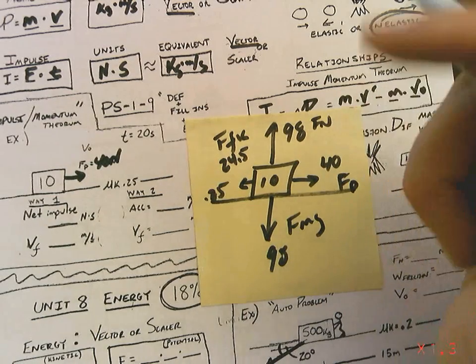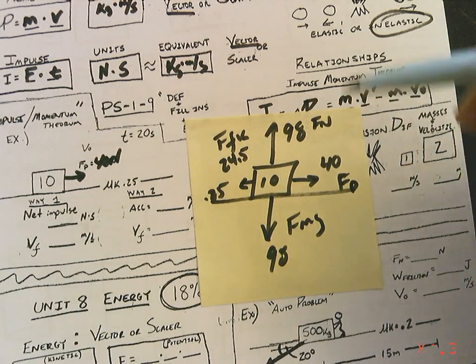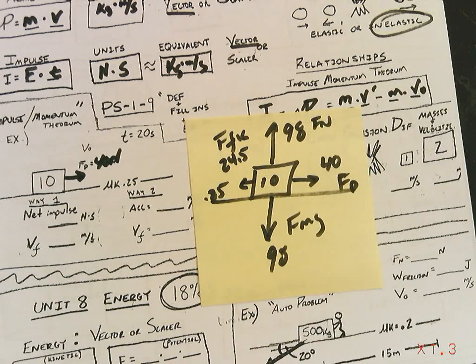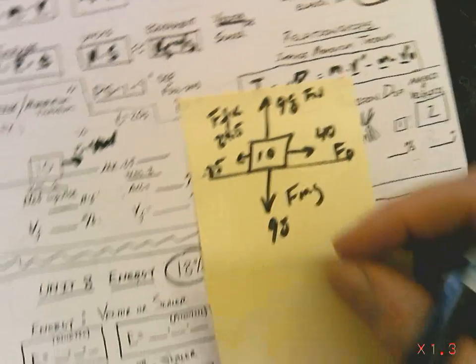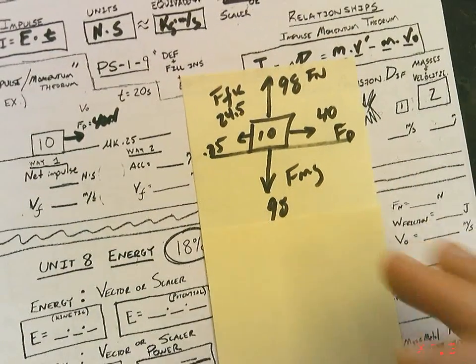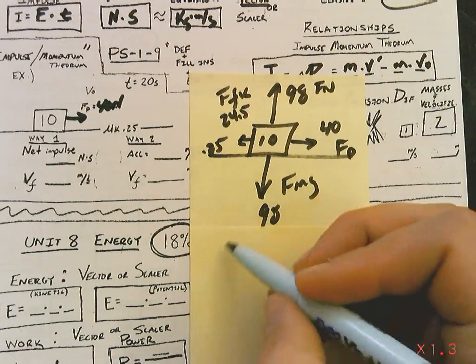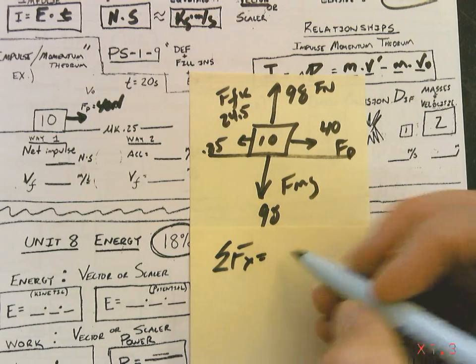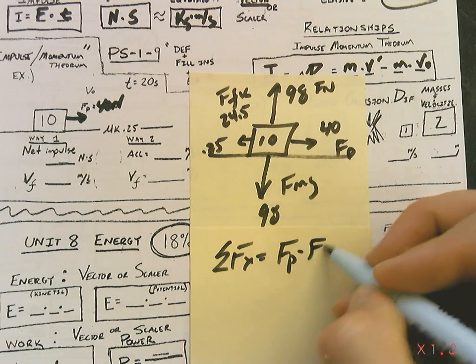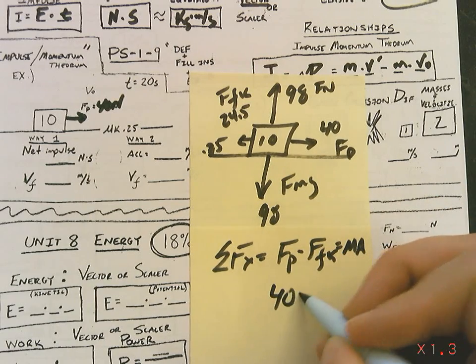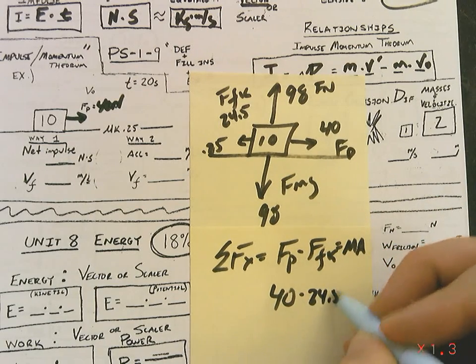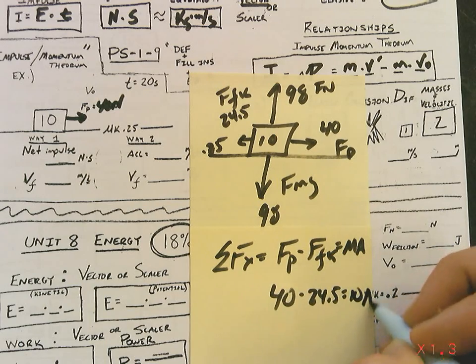There's not a whole lot going on in the y, so most of the action is going to be in the x. By the way, this is the old way. We're going to do a little force summation. So I'll say sum of forces in the x equals Fp minus Ffk equals ma, because they're unbalanced. We get 40 minus 24.5, and that's going to be equal to 10a.